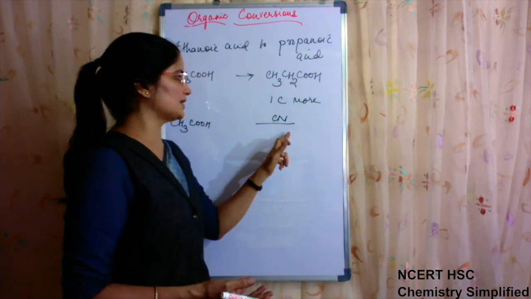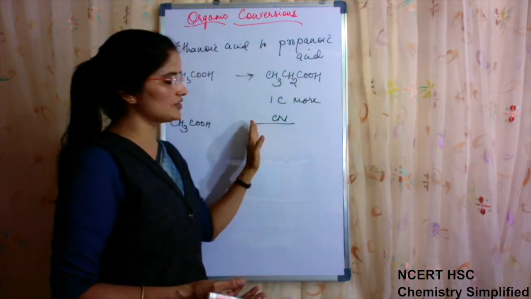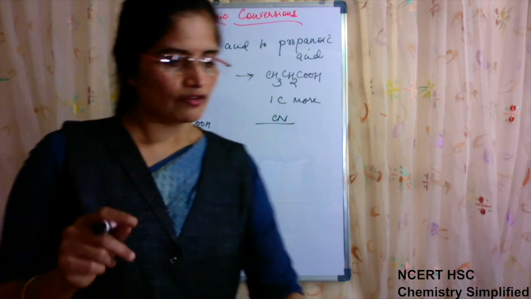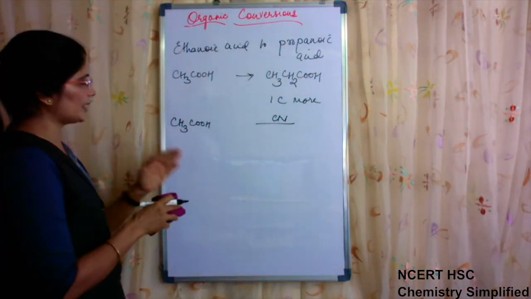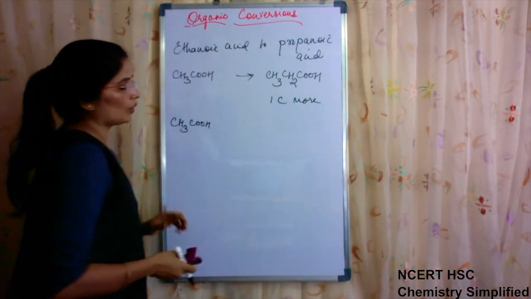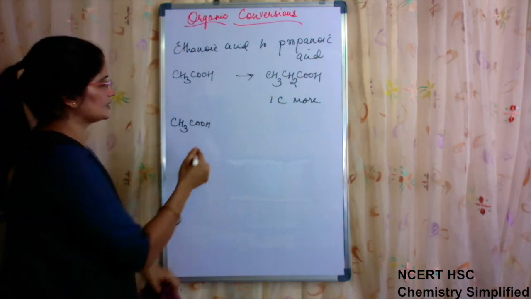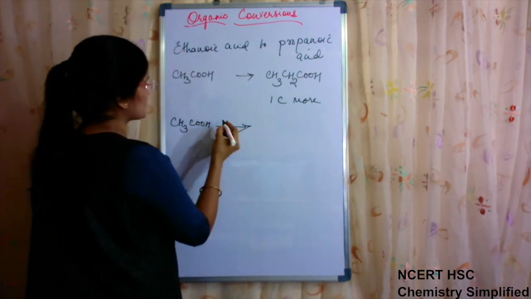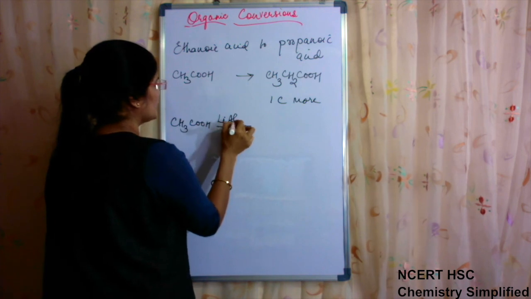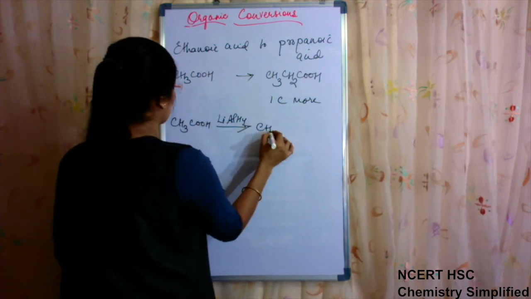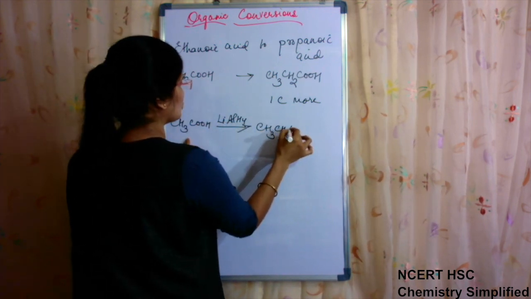We have to bring CN. When we have to bring CN, that means we require a halogen derivative. For halogen derivative, first we require alcohol. Okay, so for alcohol, we need to convert this acid into alcohol. That is why the first step will be reduction. Lithium aluminum hydride reduction will convert this into CH3, CH2OH.